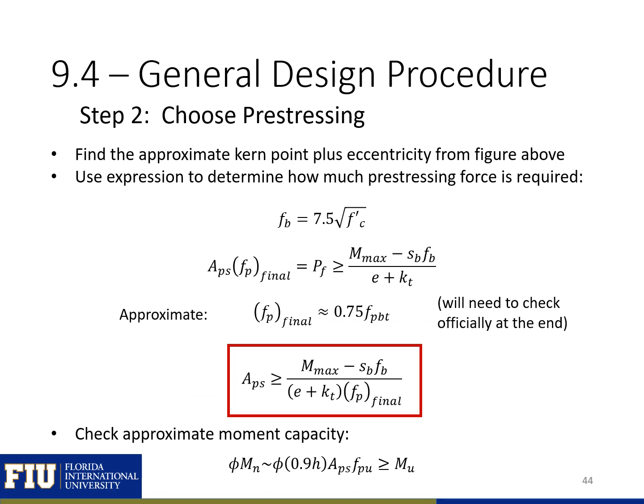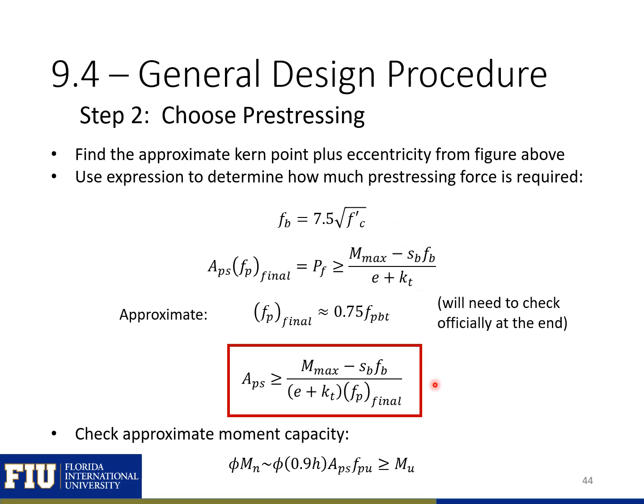We can then use our Kern point expression to figure out the minimum amount of pre-stressing that we'll need to satisfy some of these Kern point expressions. So here, solving for our area of pre-stressing, you can see we need to keep our area of pre-stressing greater than this value here, with our maximum service moment, our final pre-stressing force, and the allowable tensile stress in the bottom fiber, which in ACI 318-19 is 7.5 times the square root of f'c.